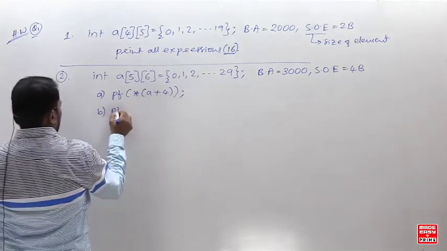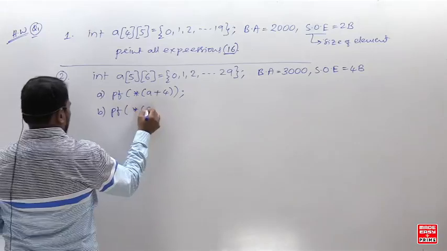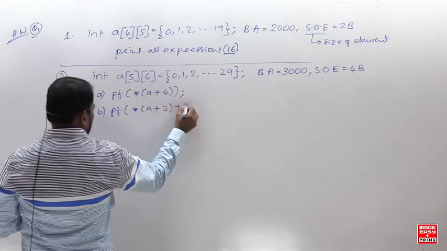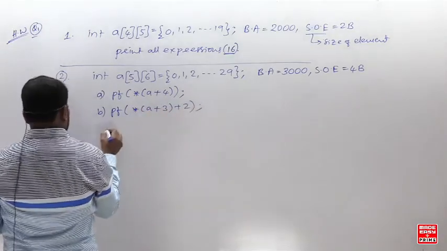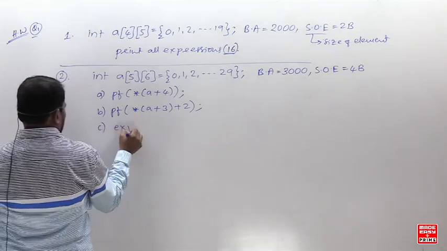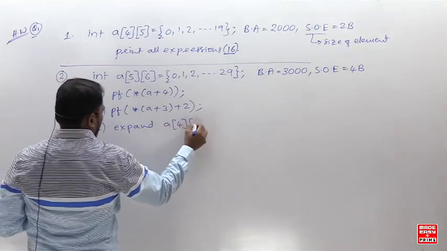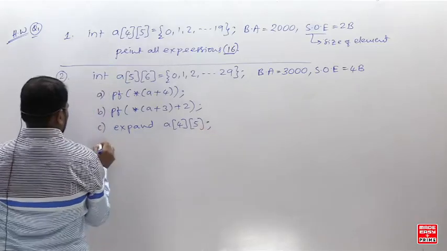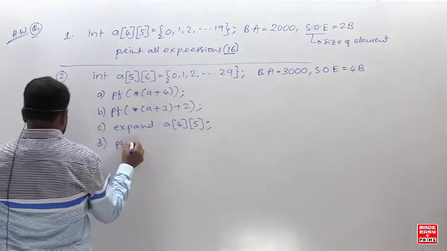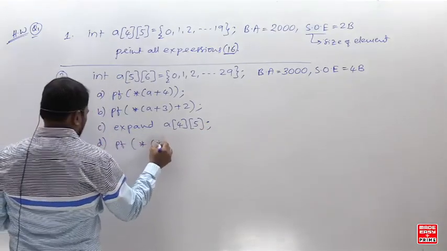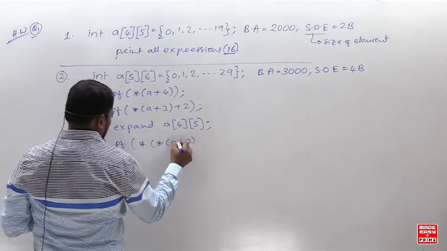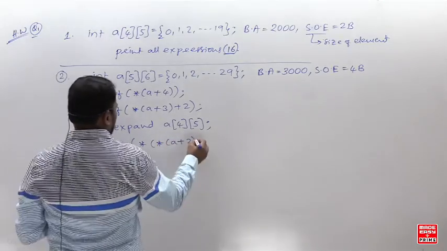Next printf, plus 3 plus 2. Next, expand a[4][5]. Printf, or plus 2.